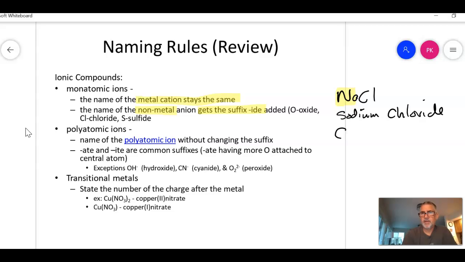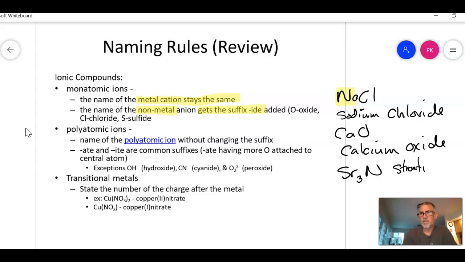If I had this, it would be... so the chlorine becomes chloride and the oxygen becomes oxide. I could have strontium nitride.